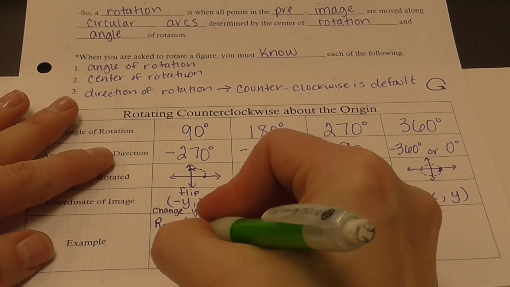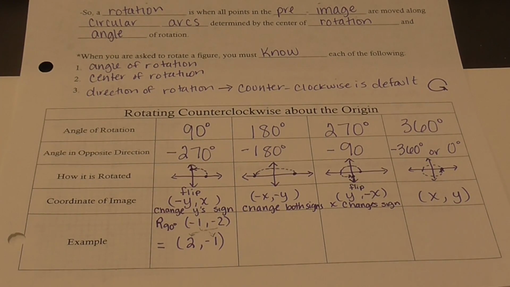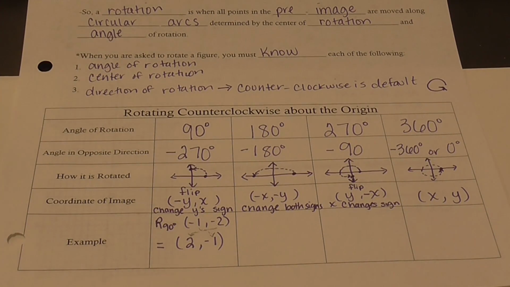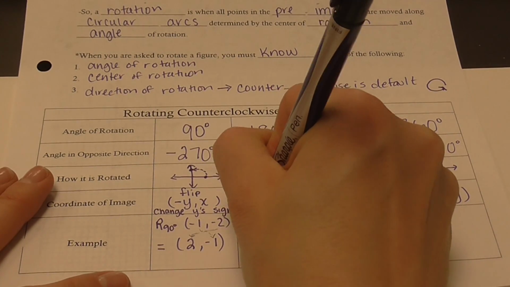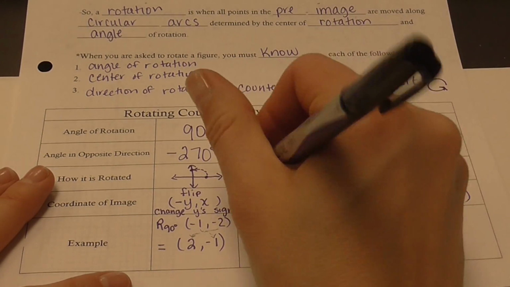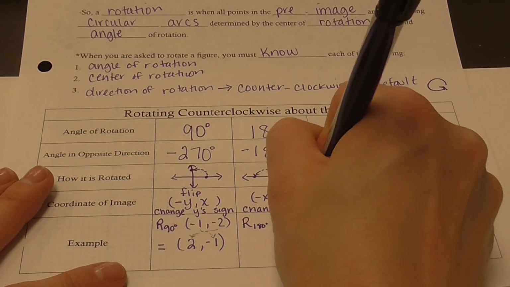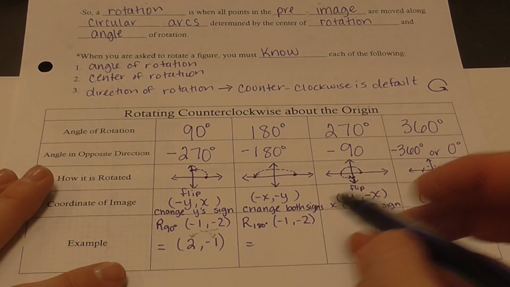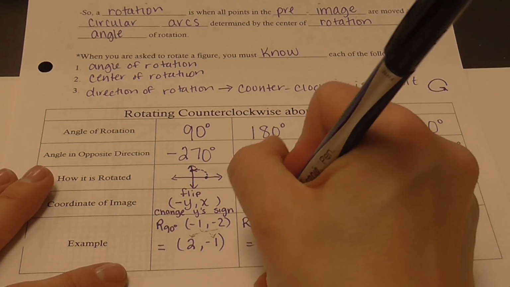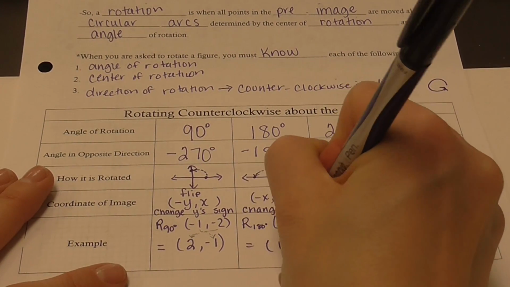The 2 comes here, but also changes sign. So a rotation of 180 degrees that started at (-1, -2), that just means I changed the sign of both of them. So instead of (-1, -2), it becomes (+1, +2).